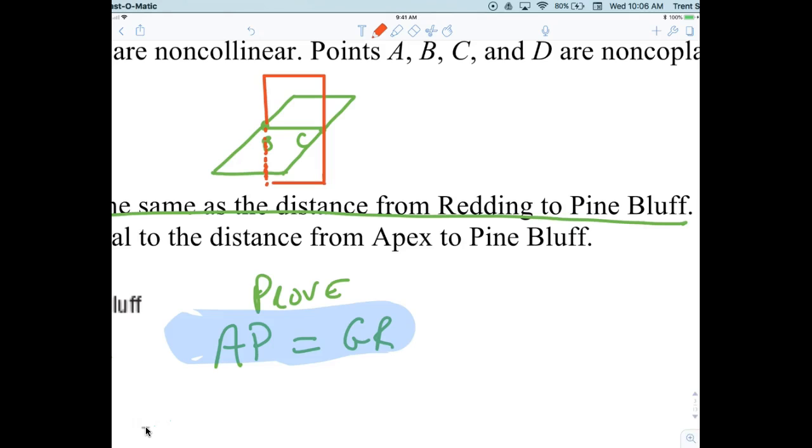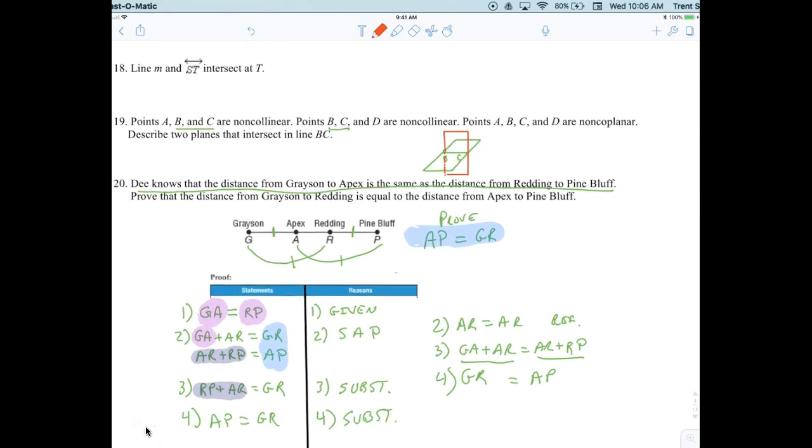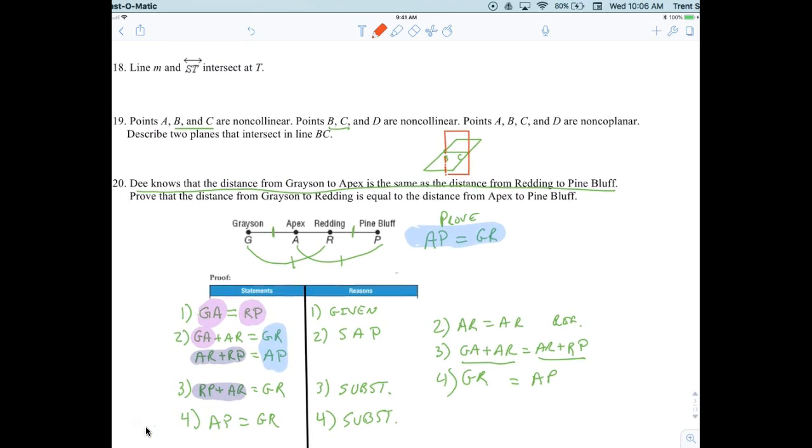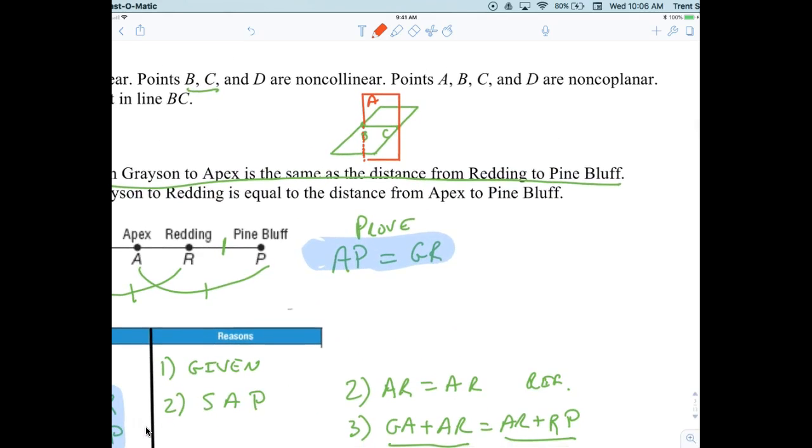And then A, B, so I could put A right there, and then I would have to put D over here. And this would be B, and this point right here would be C.